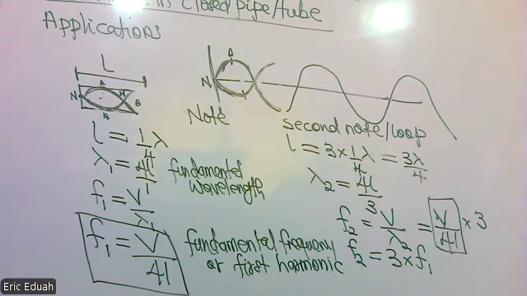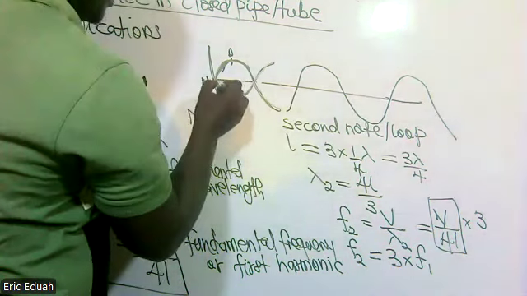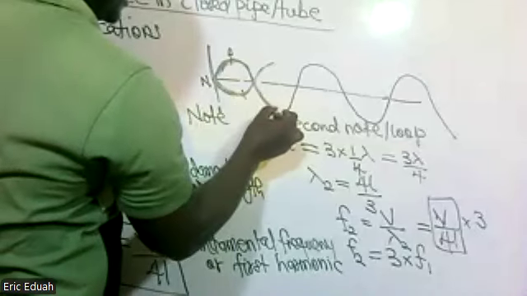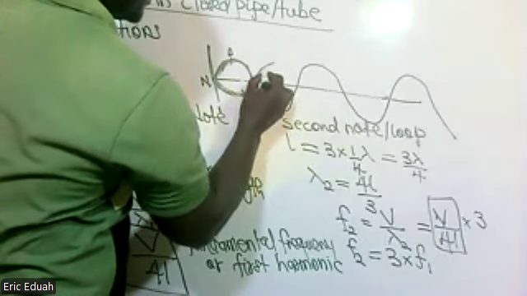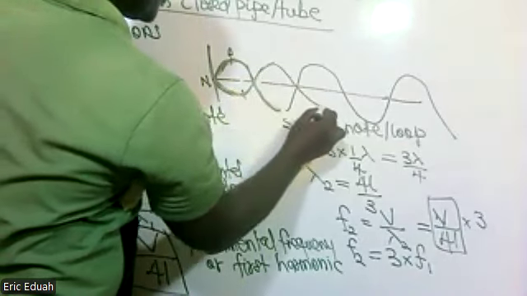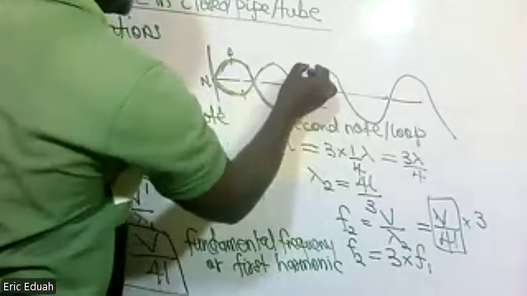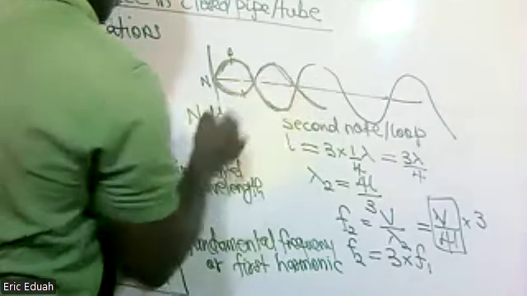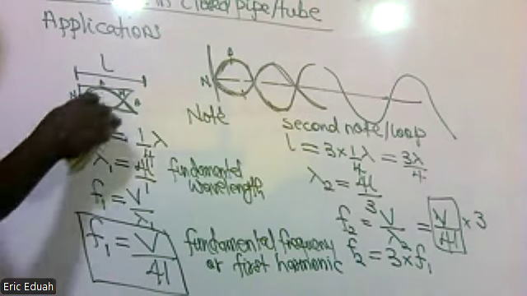The third note will look like, so first, second, the third would also continue like this and here. And so the reflection F3 will also look like this.